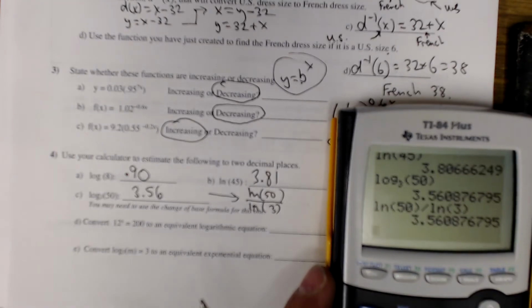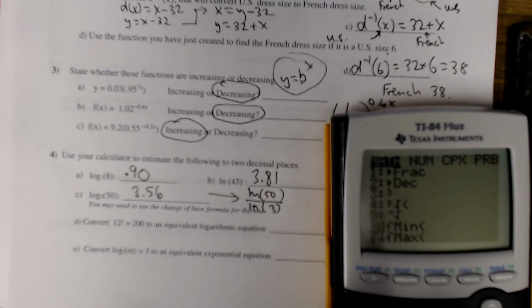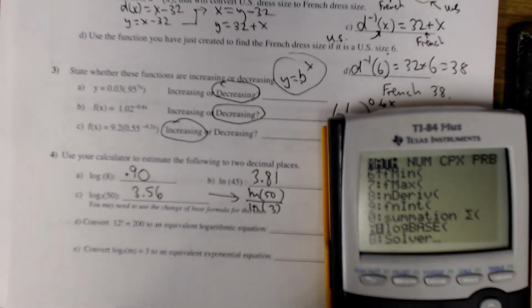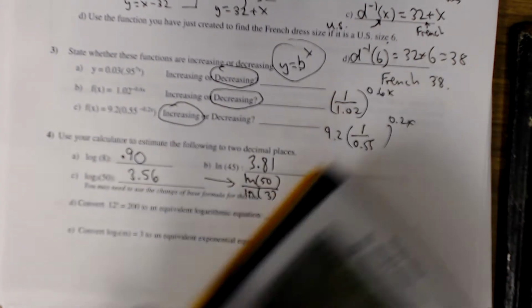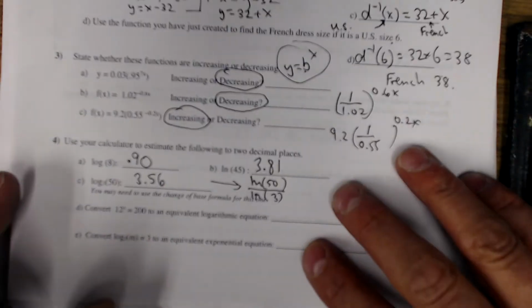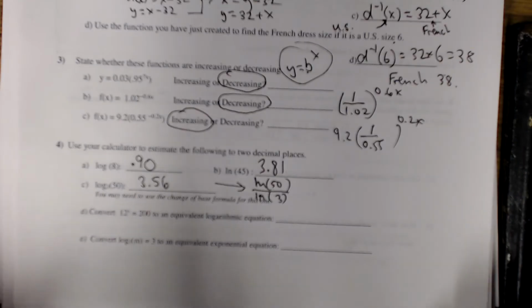So if you have the log base button, it's under math, log base, and if you do not have that, then you're going to have to do a change of base formula.